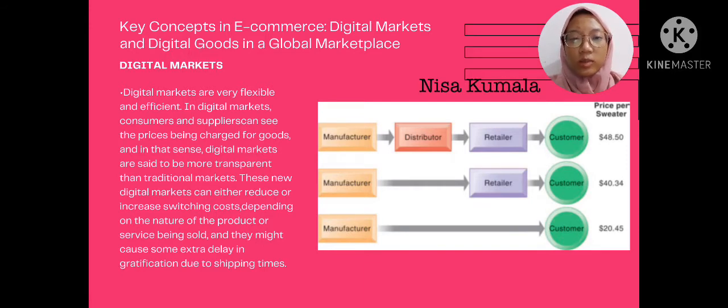Those new digital markets can either reduce or increase switching costs depending on the nature of the product or service being sold, and they might cause some extra delay in gratification due to shipping times. Digital markets provide many opportunities to sell directly to the customer, bypassing intermediaries such as distributors or retail outlets.